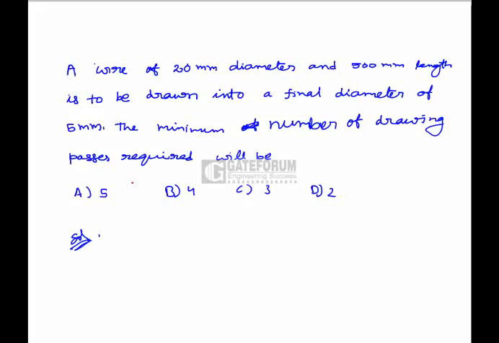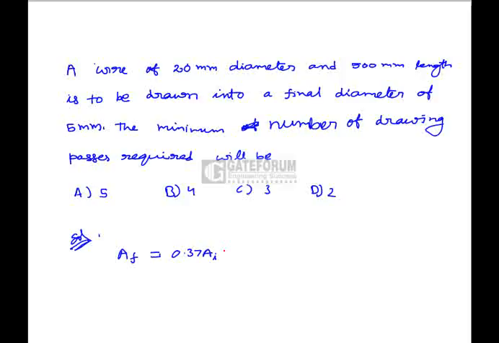A wire of 20 mm diameter and 500 mm length is to be drawn into a final diameter of 5 mm. The minimum number of drawing passes required will be, with options 5, 4, 3 and 2. Generally in a single pass, the maximum reduction possible is: let the final cross-sectional area be AF and the initial AI, then the maximum reduction is 0.37 AI, that is 63% reduction.